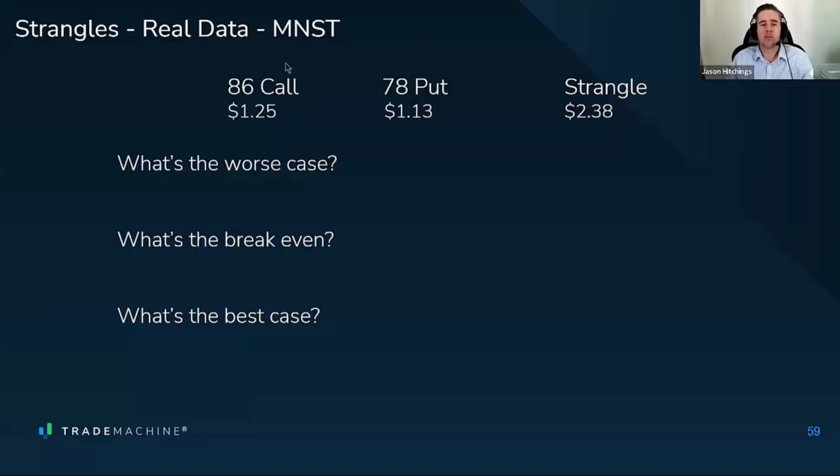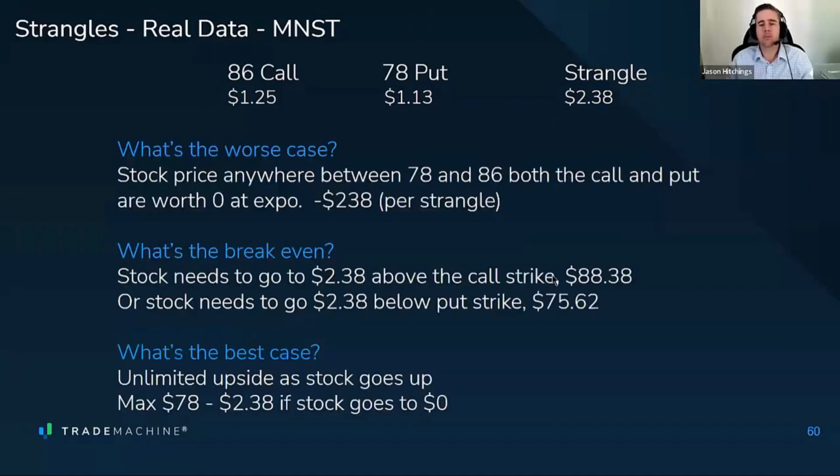In theory, you have more upside with the call, but practically speaking, you have a lot of good potential either to the upside or to the downside if the stock moves a lot. So we see our worst case scenario is we lose the $238 per strangle. We need to be $2.38 above or below the call or the put. And we have essentially unlimited upside, and we have a ton of downside potential as well.